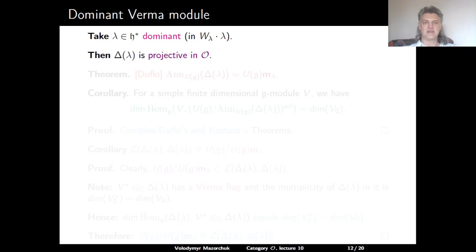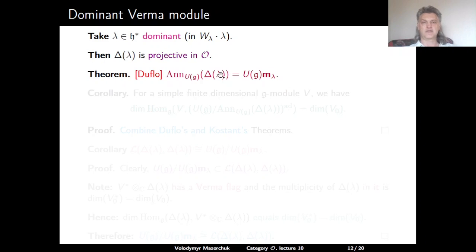Then delta lambda is projective in O, so this follows from the BGG structure theorem for Verma modules. Recall the following theorem due to Duflo. The annihilator of a Verma module is generated by its intersection with the center. So since Verma modules have central characters, the annihilator of the Verma module in U of G is generated by the maximal ideal M lambda of the center.